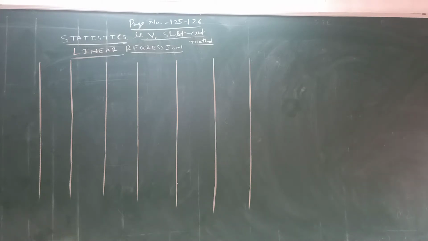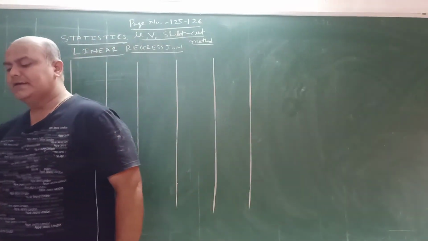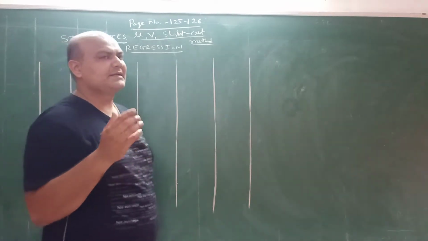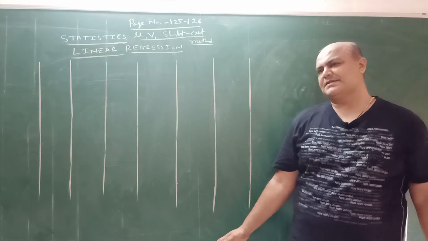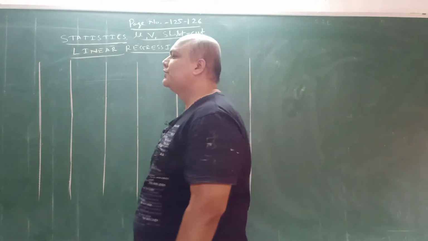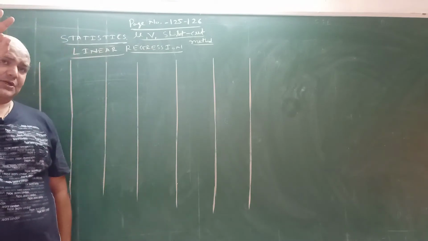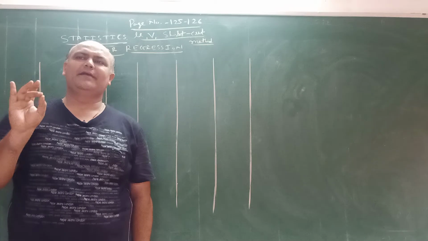And after forecasting, if sometimes they also ask for the error, then we have to find the error, that is y minus y cap. So maximum 5 steps, and always we have 3 steps up to the regression line: regression coefficient, constant, and regression line.